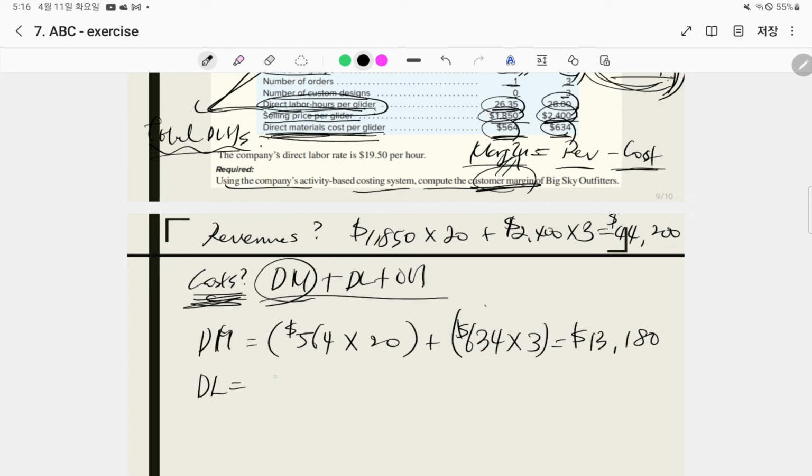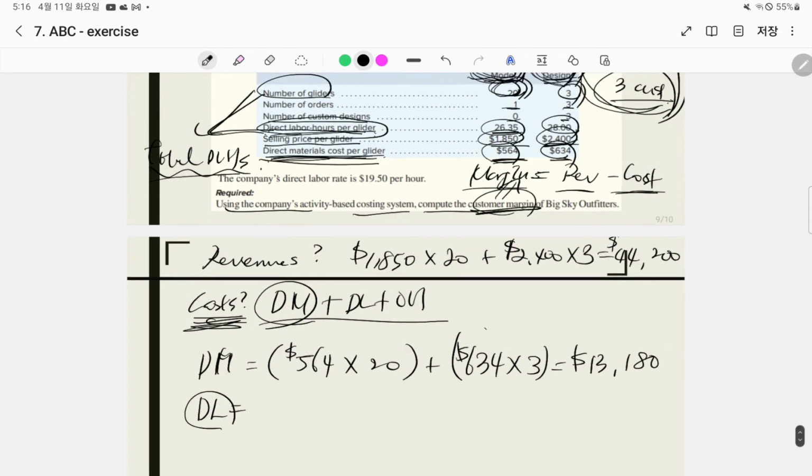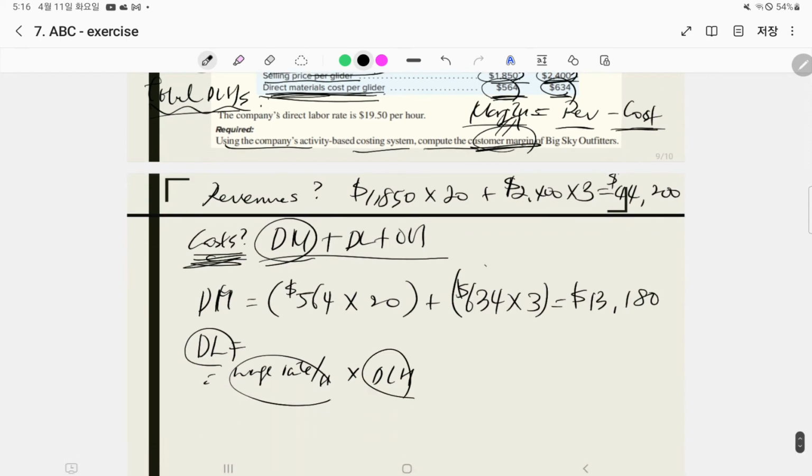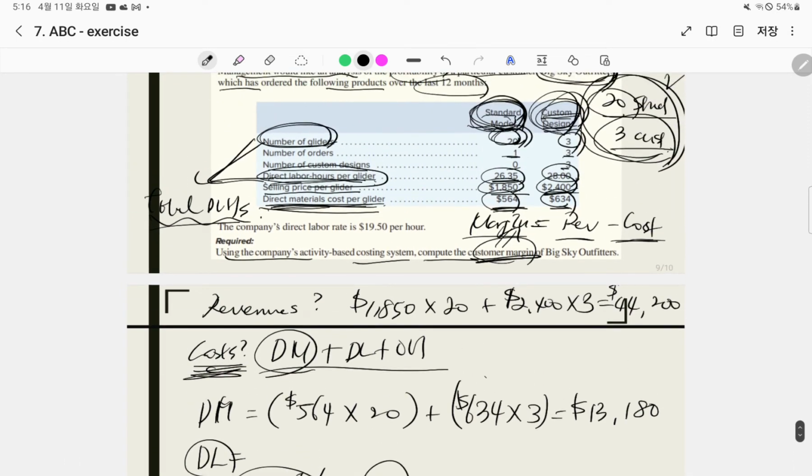And direct labor. So direct labor cost is the direct labor wage rate per hour times total direct labor hours, right? So we have direct labor hours information here. Number of gliders times direct labor hour per glider.